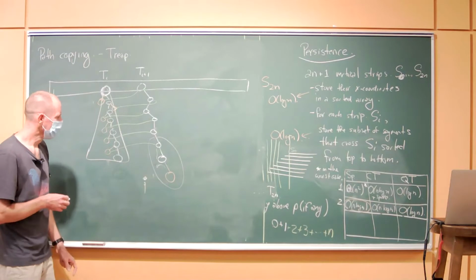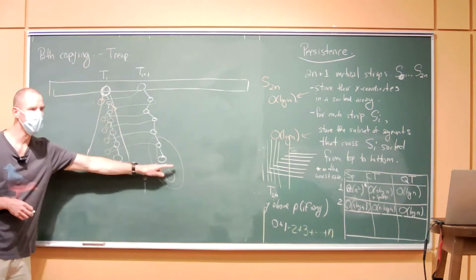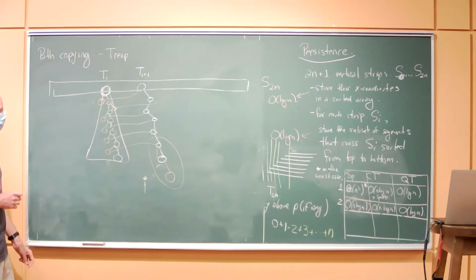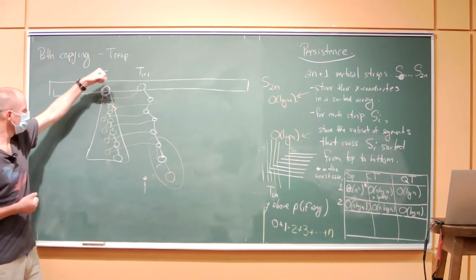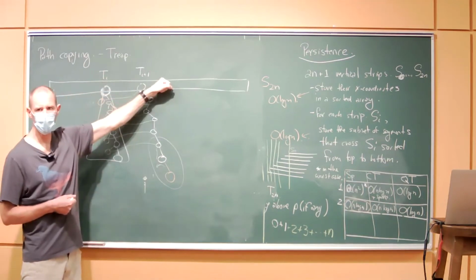Now, why did I do that? Why can't I just copy the last 2 nodes? Well, the problem is that at the end of this process, I need 2 different search trees. I need the tree without the value in it, and I need the tree with the value in it.